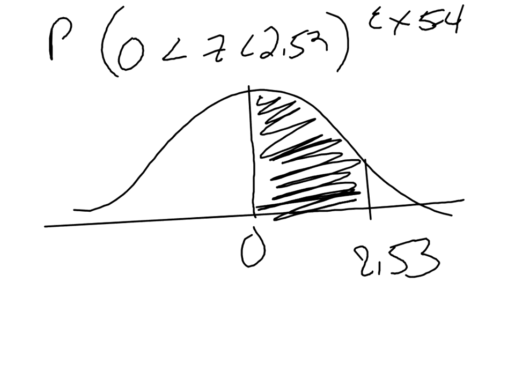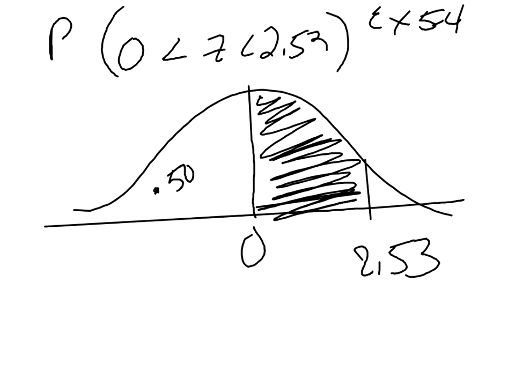Well, right away we know that we're not going to get an answer that's bigger than 0.50 here. The first thing I would point out is that the area to the left of the curve is not shaded, so there's no way that we can count that.